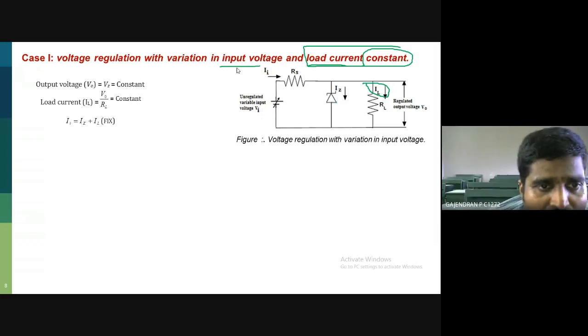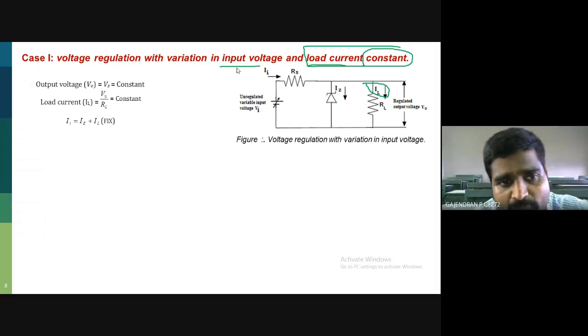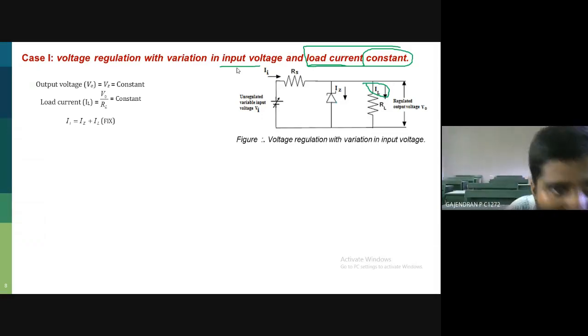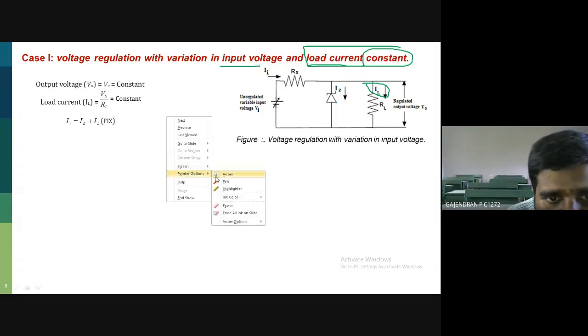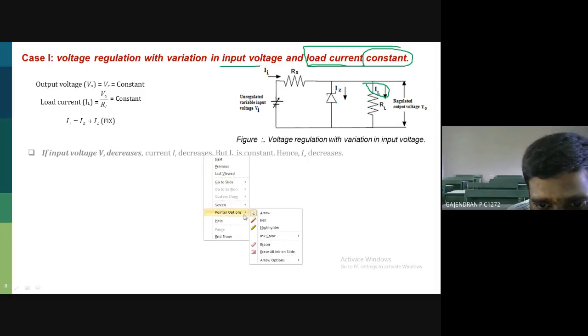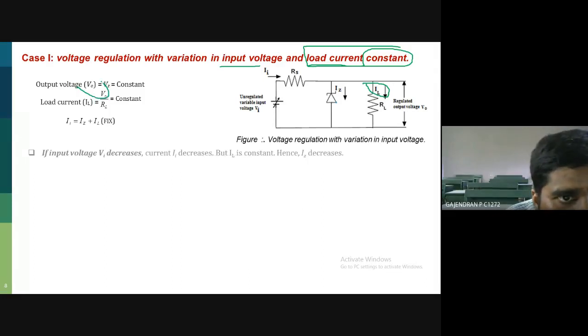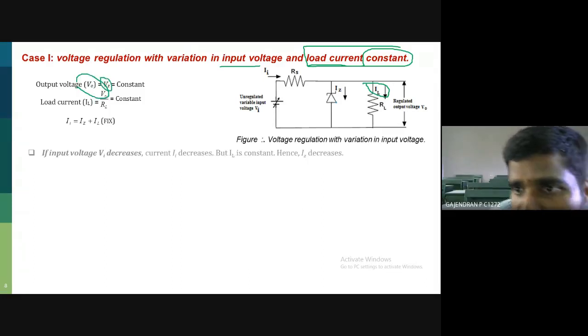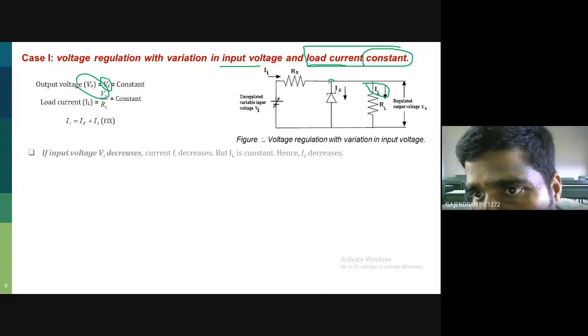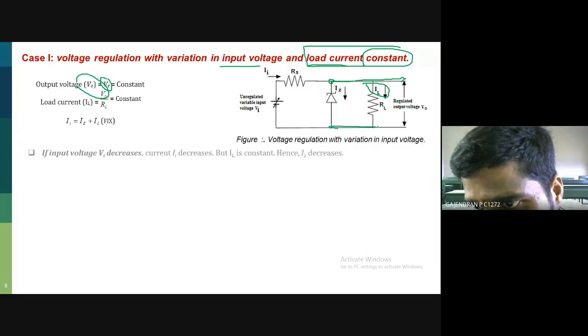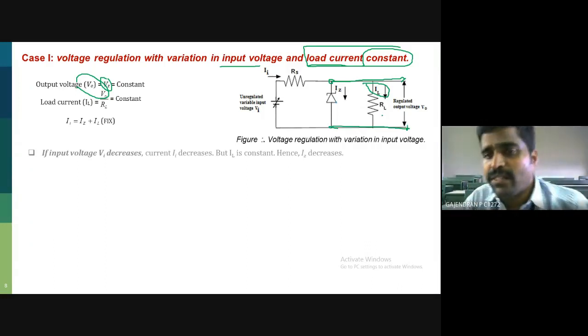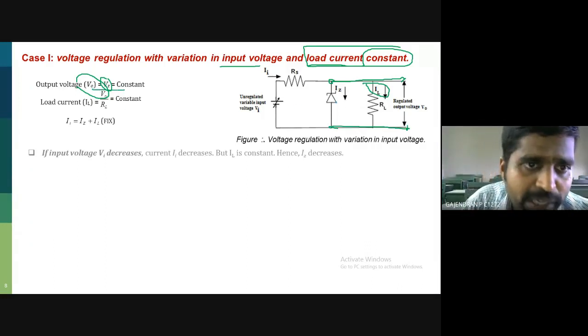So you know how we arrive at these derivations. Am I correct, sir? The derivationsல எப்படி வந்ததுன்னு புரியுதா? My output voltage is equal to Zener voltage. Why? My output device is exactly connected across my Zener diode. புரிஞ்சிருச்சா? So இங்க என்ன voltage இருக்கோ அந்த voltage தான் இருக்கும்.